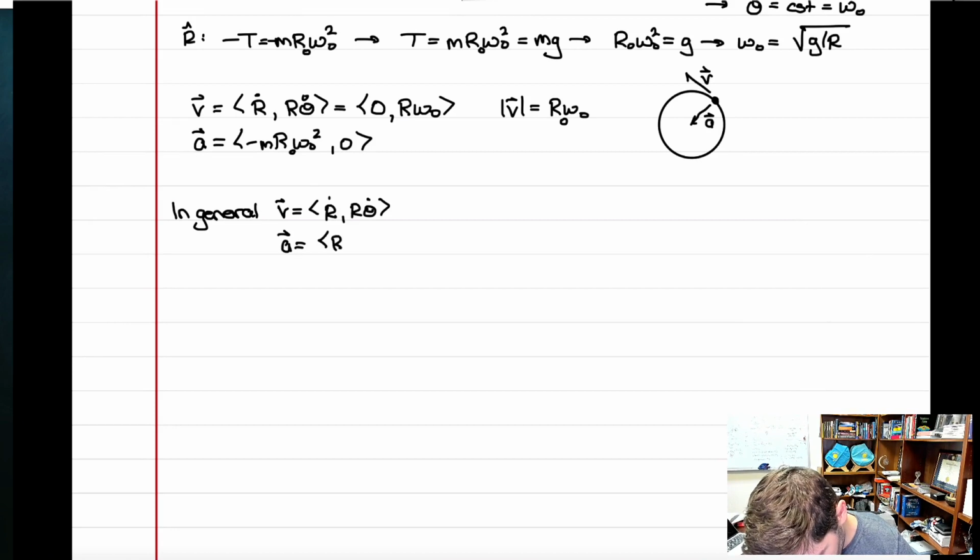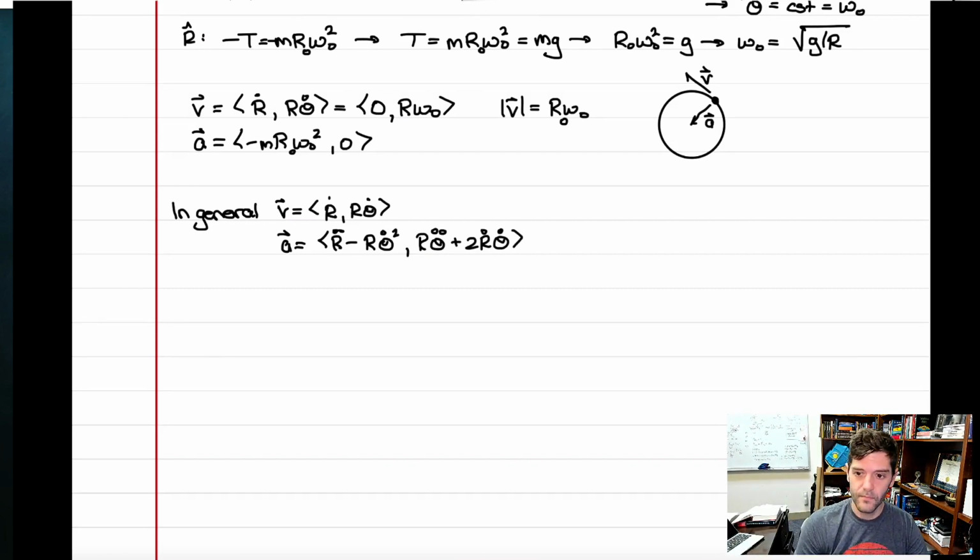The acceleration gets a little bit more complicated, but isn't too bad. And that's general. You can always start here. And if you have reasons that you can logically say something about these derivatives, that usually simplifies your life.